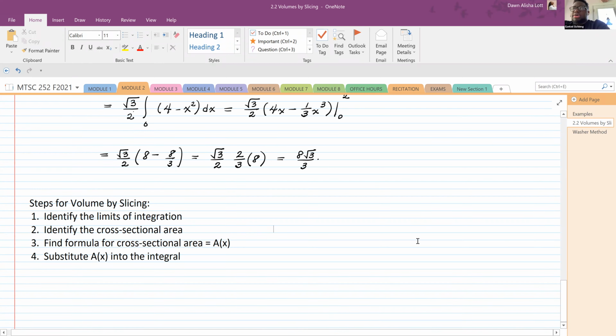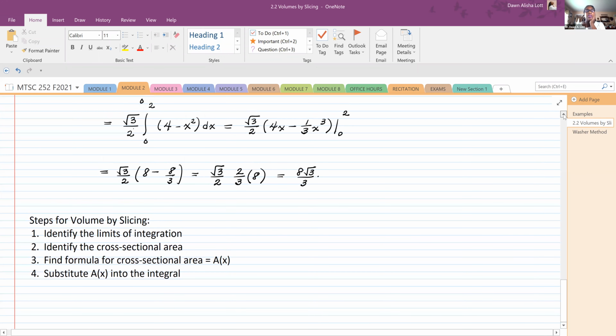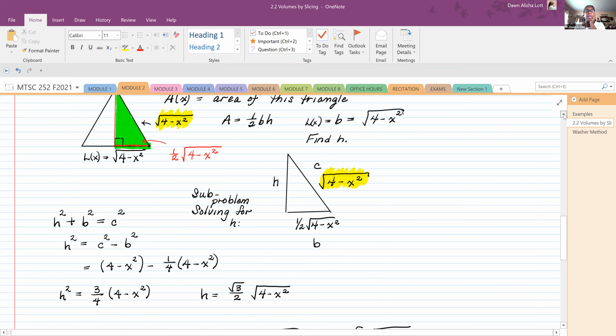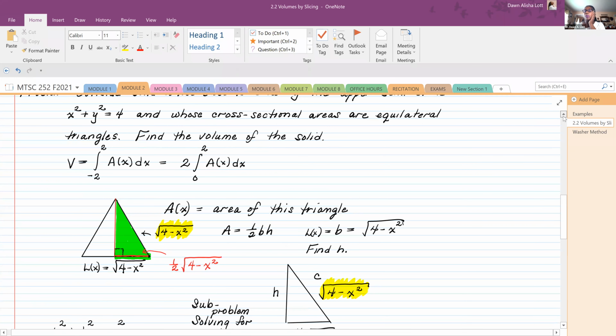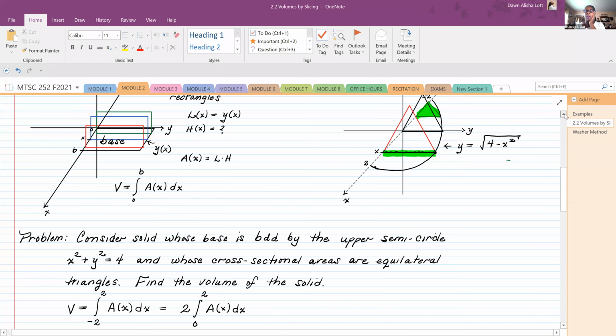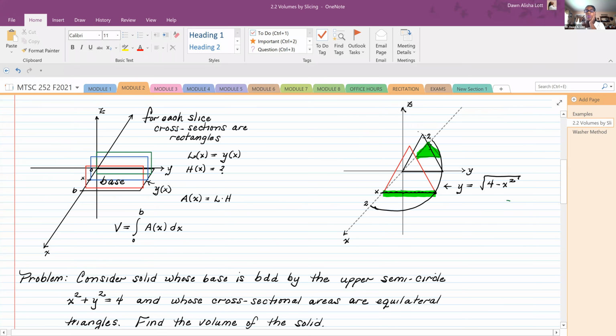Hi, Dr. Lack. Would you kindly go over the part where we were going from the integration of -2 to 2 to 0 to 2? Okay, so if you go back to the picture, it's symmetric. So it's going to have the same triangle. It looks the same from -2 to 2 that it does from 0 to 2.